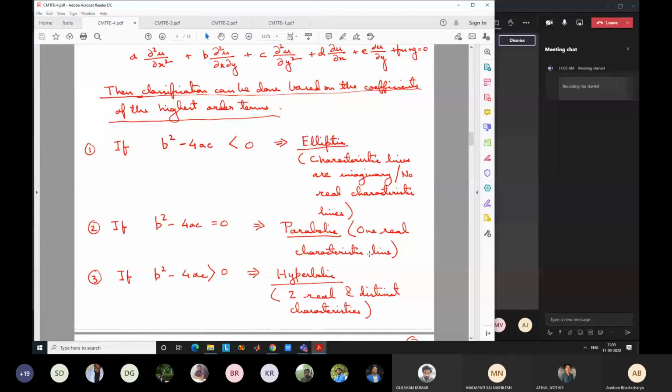If you remember, these are sections of a conical structure. Depending on how we take the section of a cone, you define an ellipse, parabola, or hyperbola. So there is a resemblance, these are analogous.